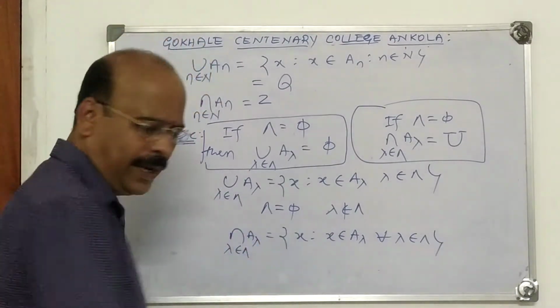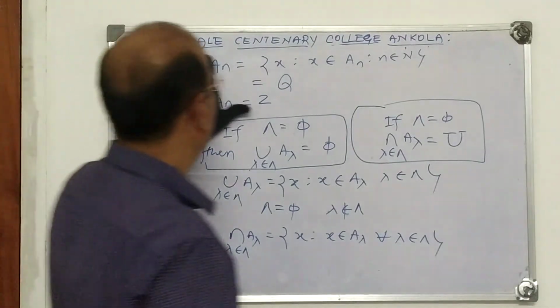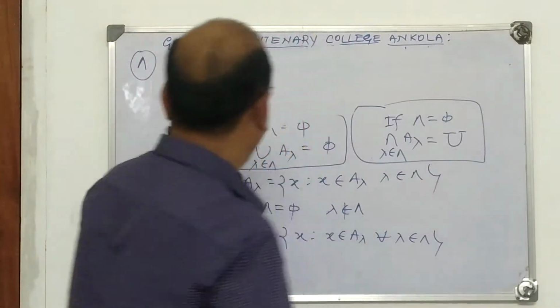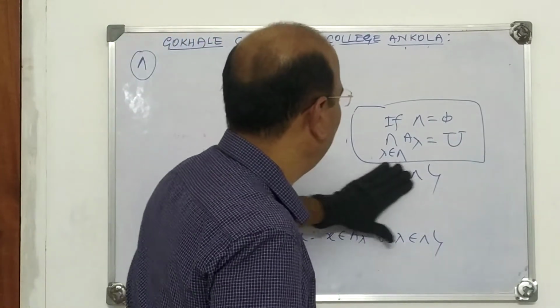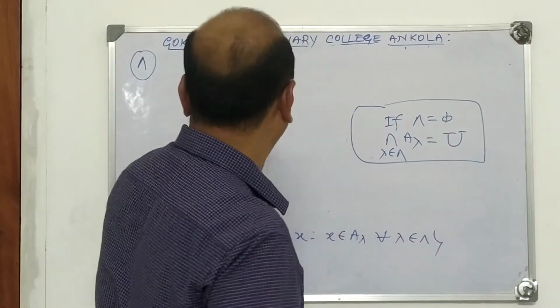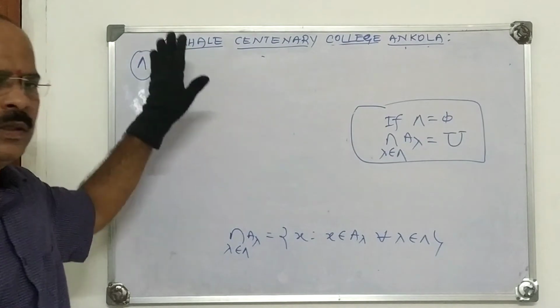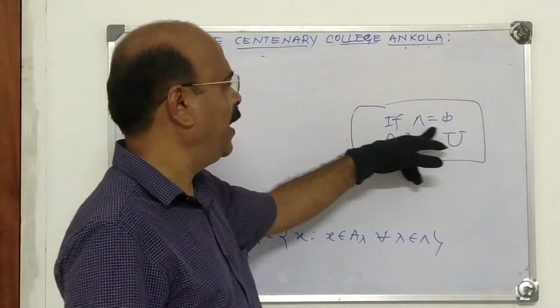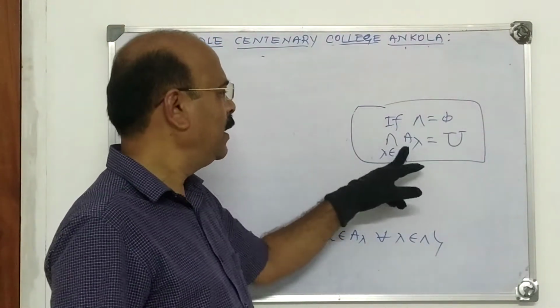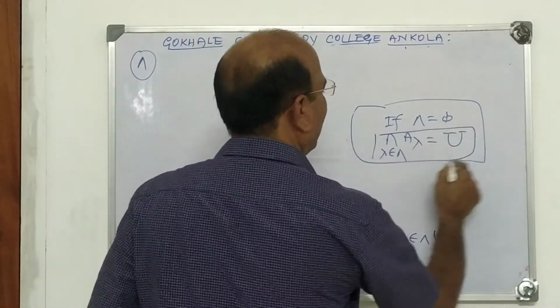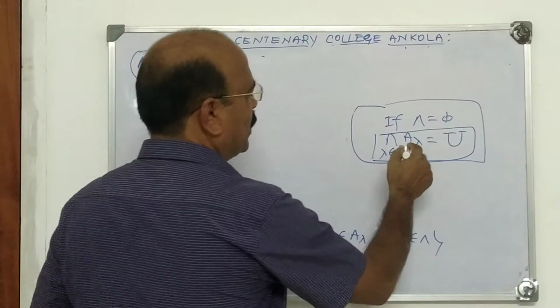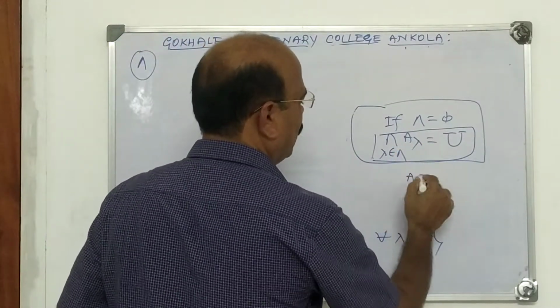Now, if Lambda is the empty set, the union of A lambda becomes the empty set. If Lambda is the empty set, the intersection of A lambda becomes U. Now I explain why it is U. For that, how to prove that two sets are equal?